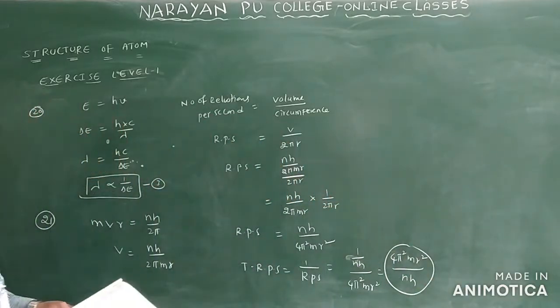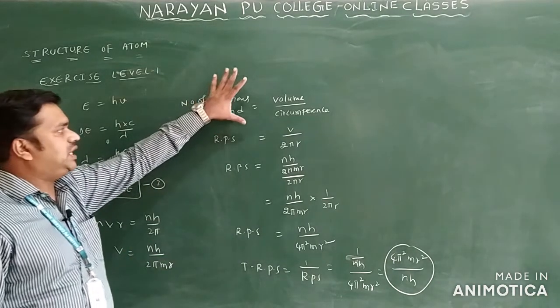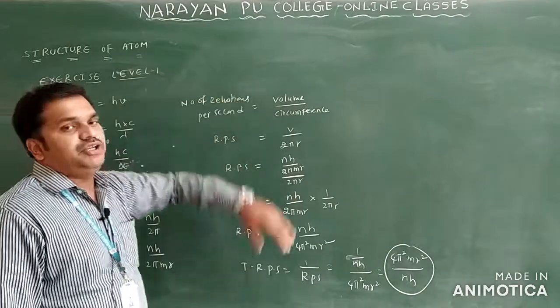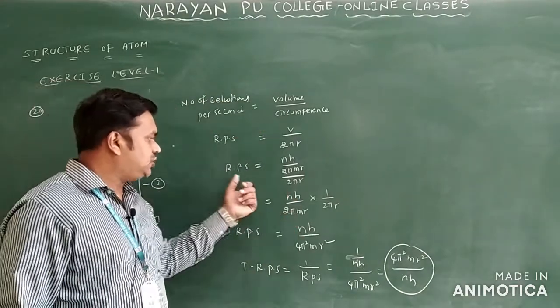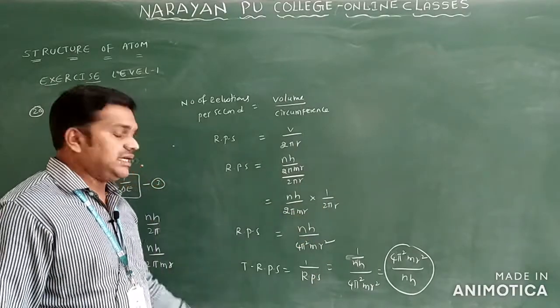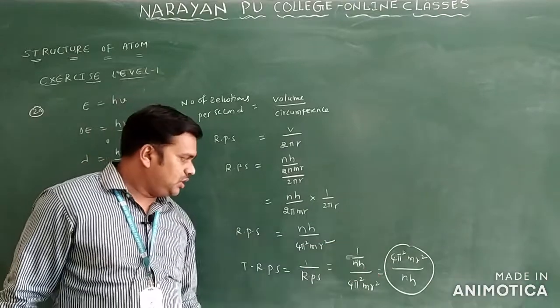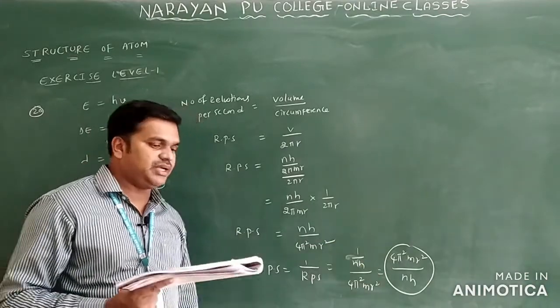Clear? First we find the velocity expression from the angular momentum. Then you find the revolutions per second using the formula velocity by circumference. I got nh by 4 pi square mr square. Then the time per revolution is 1 by revolutions per second, which gives 4 pi square mr square by nh only.